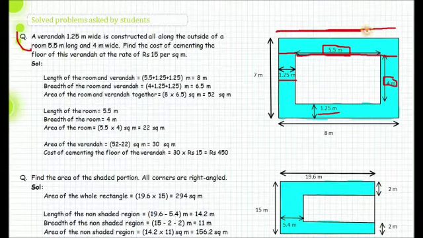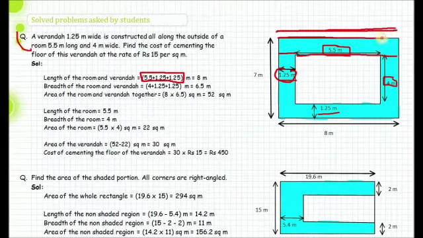So altogether the length will be 5.5 plus 1.25 plus 1.25 meter. We are trying to find the length of the whole figure, so the length of the whole figure is 8 meter.